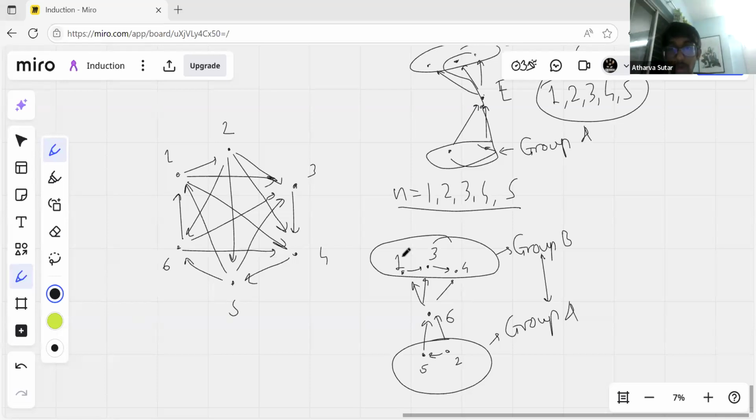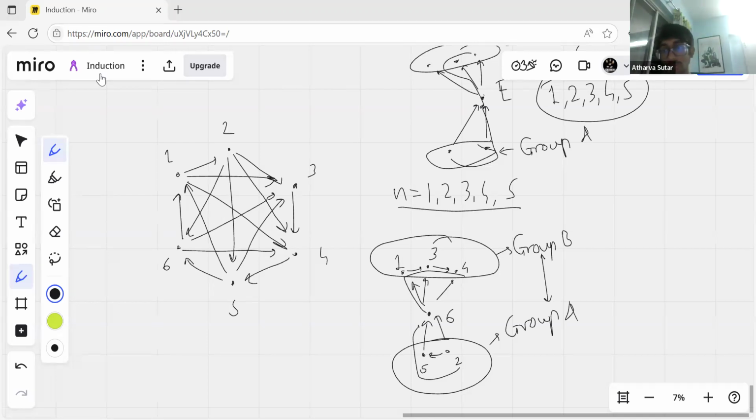Oh yeah, they're all interconnected. I mean, you're not deleting the edges, right? You're just forming a separate graph, which is a subset of the edges. Okay, cool. So now your path is decided, right? You go from 2 to 5, then to 6, and then to 1, 3, 4.